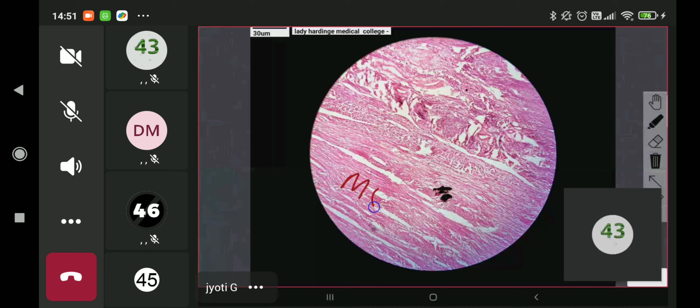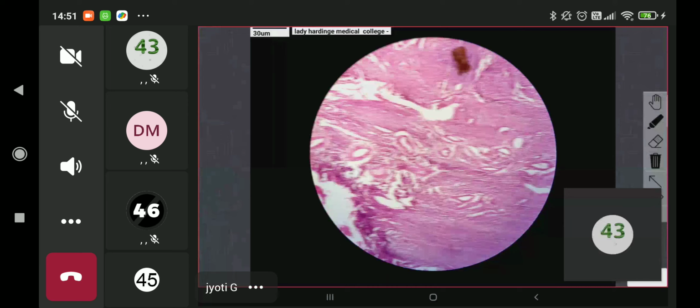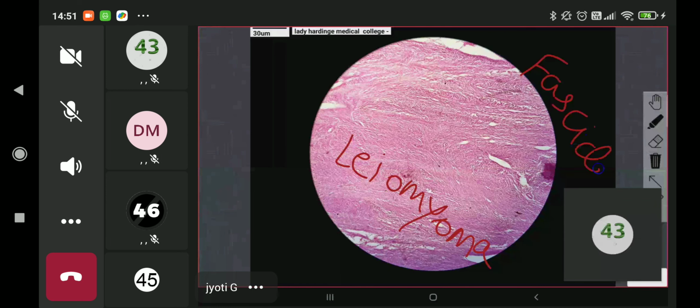And this is the tumor. This is leiomyoma, where you see fascicles of spindle cells with blunt ends, bland nuclei, eosinophilic cytoplasm. So this was the benign tumor of smooth muscle, leiomyoma.